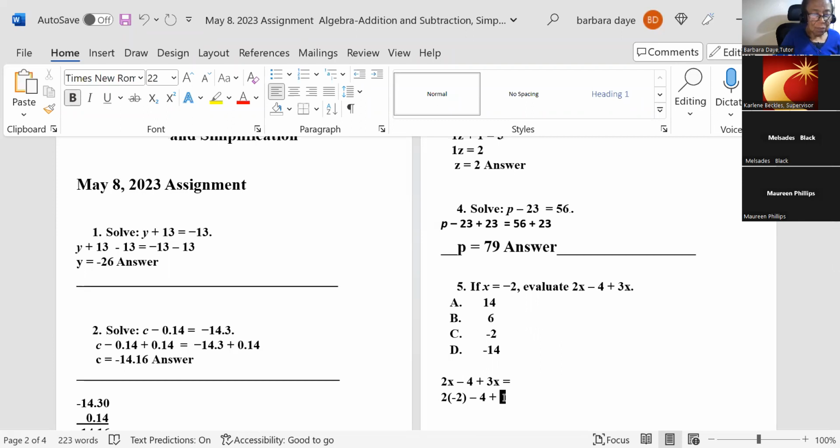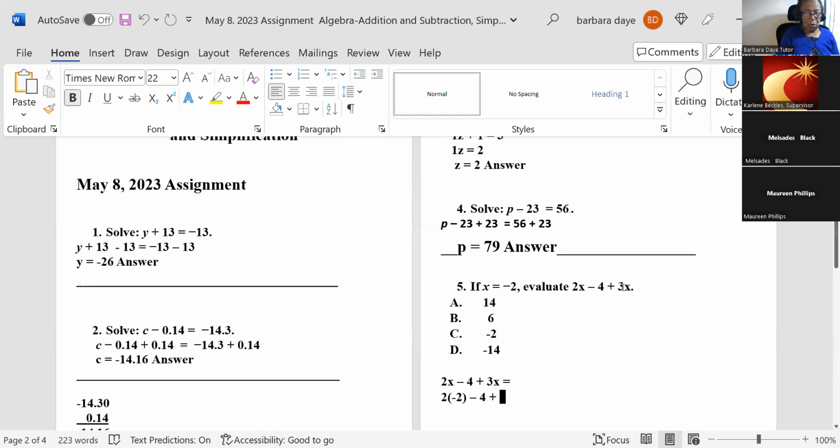So you put a 2 and they put the 3 on. No, I've already got my 2x, 2 times minus 2. I've got my minus 4 term. Now I'm up to plus 3x. So tell me what to write for 3x when x is a minus 2.